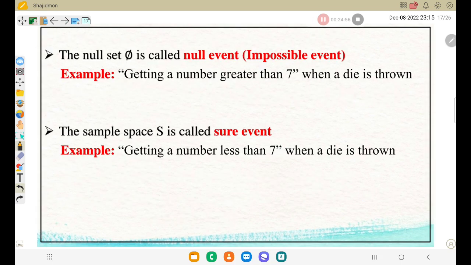Now we will go to the null set, or null event, or impossible event. The null set phi is called the null event, and the sample space S is called the sure event. Sample space we are calling the sure event, and the empty set we are calling the null event. Null means nothing. Null event or impossible event.